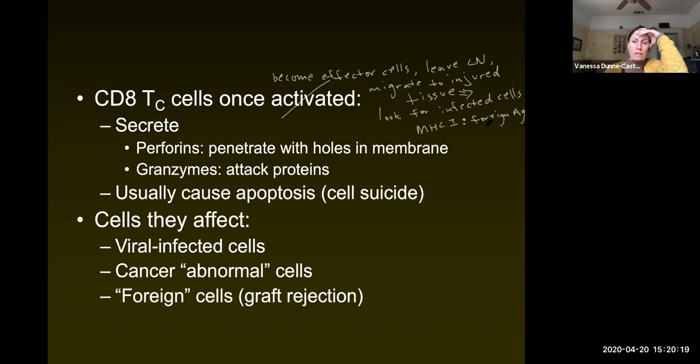If it is the same foreign antigen that activated these cells in the first place, then you'll have CD8, of course, binding MHC class 1, and the foreign antigen binding to the T cell receptor, right? If this is the same foreign antigen as before, and this interaction occurs, this will then lead to effector function.